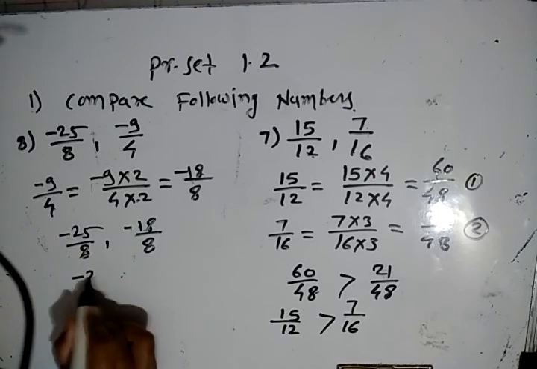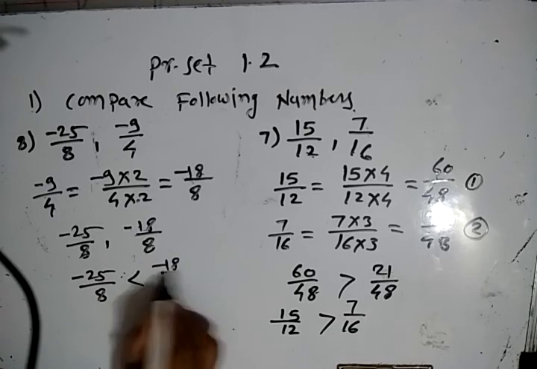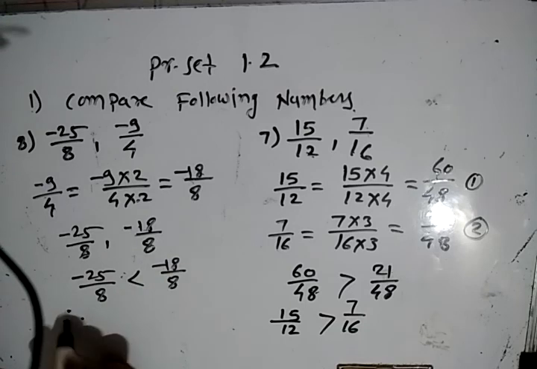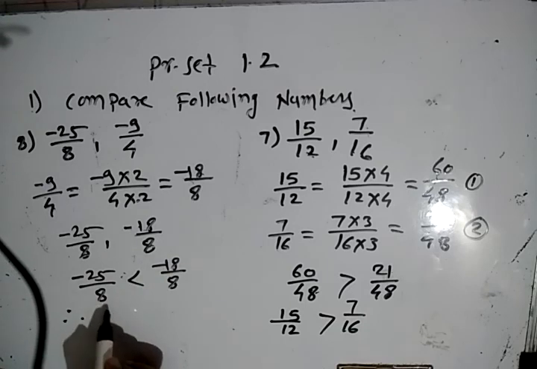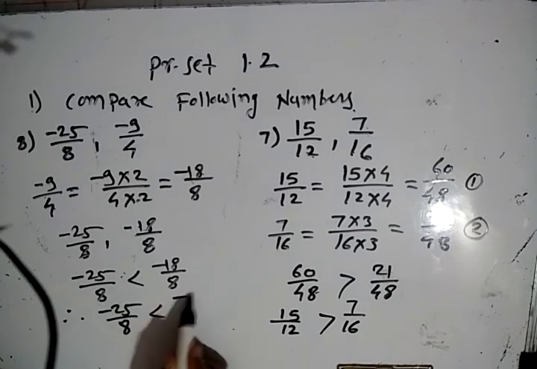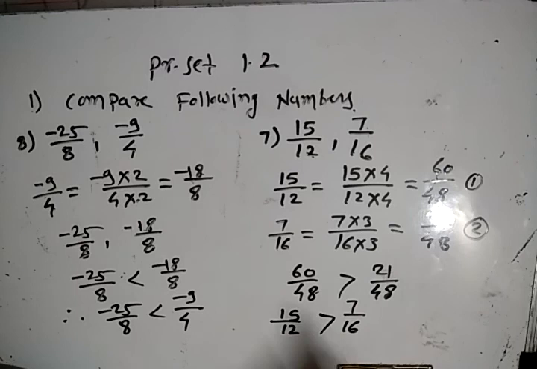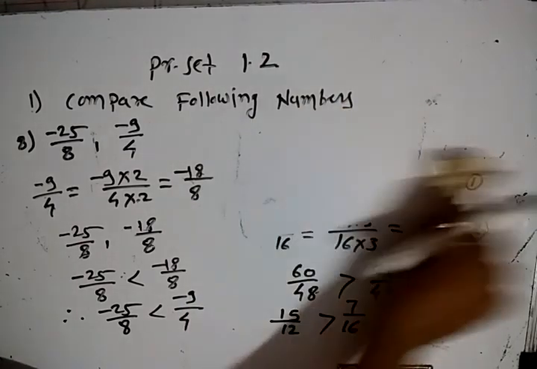Therefore, we can write minus 25 upon 8 is less than minus 18 upon 8. It means here we can write minus 25 upon 8 is less than minus 9 upon 4. This is problem number 8. Problem number 9.